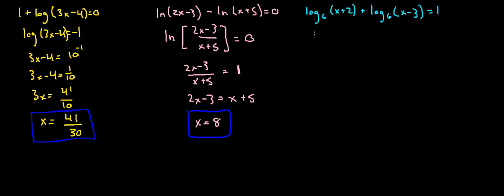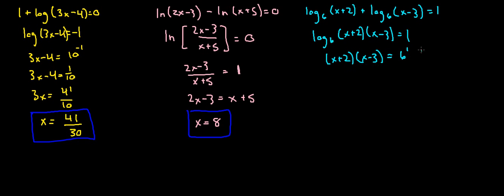I'll use the product rule here. Log base 6 of x plus 2 times x minus 3 is equal to 1. Convert this back into exponential form. X plus 2 times x minus 3 is equal to 6 to the first, so it's just equal to 6.